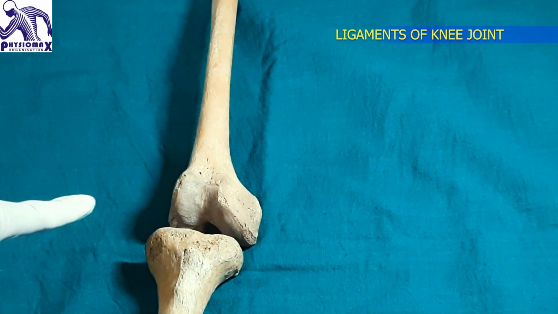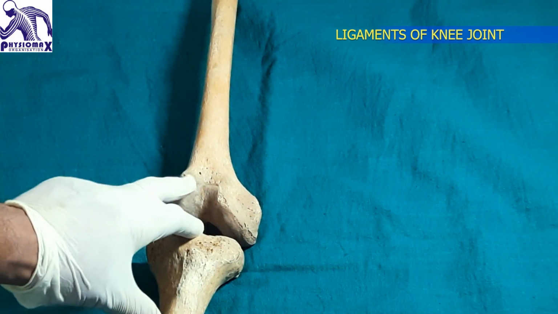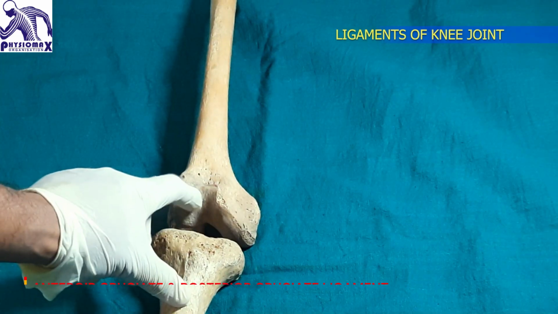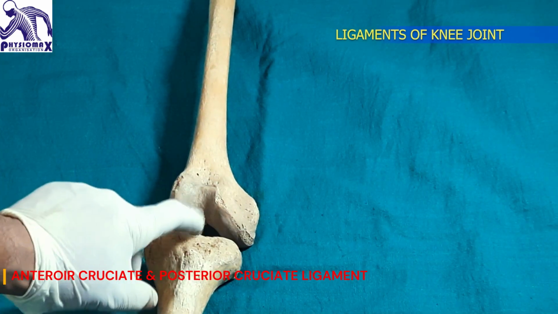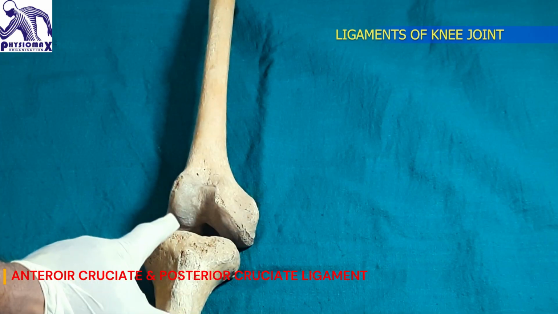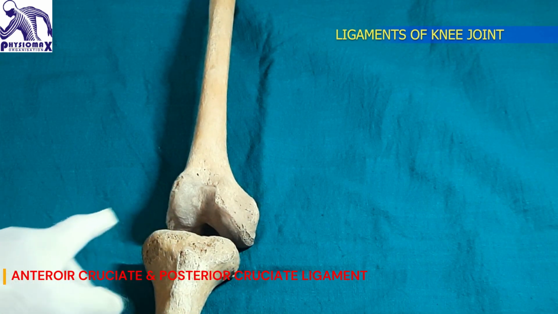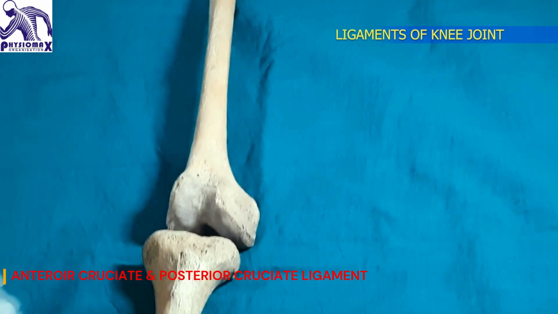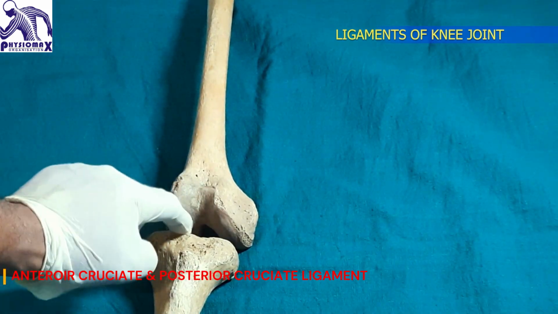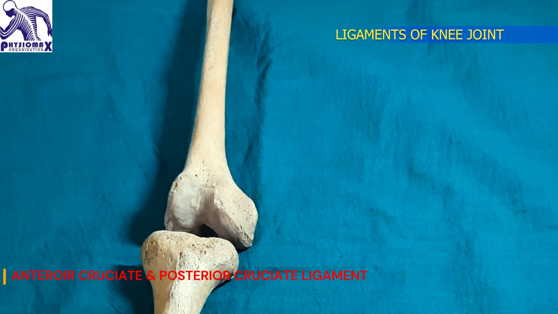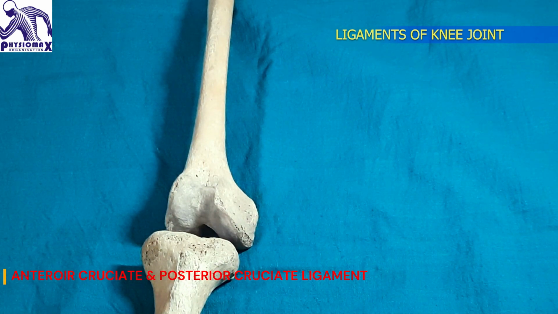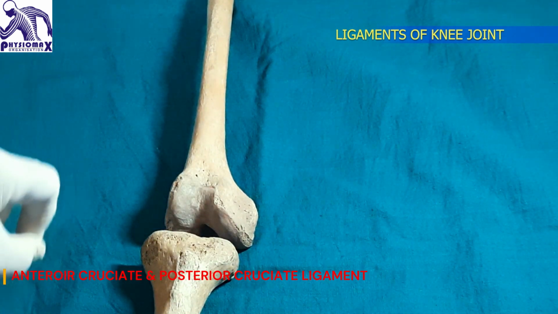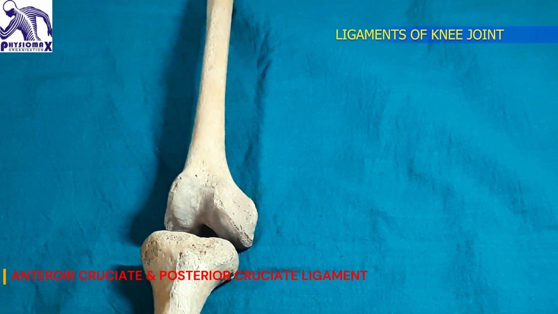There are two important ligaments present in between. One is the anterior cruciate ligament and the second one is the posterior cruciate ligament. So once more to repeat, the first two ligaments present in between are the anterior cruciate ligament and posterior cruciate ligament. I will explain in detail about the origin and the insertion of the ligaments and the action of the ligaments.